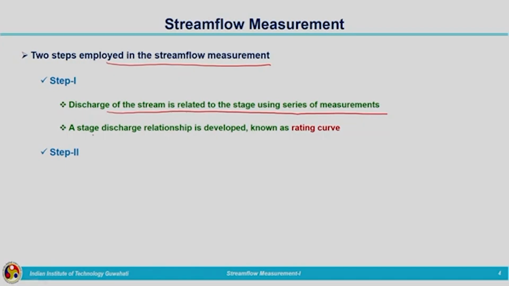After that, a stage discharge relationship is developed, which is the well-known rating curve. This rating curve is very important. How is this rating curve formed? We will be plotting the data corresponding to water level and the corresponding discharge. So, for a particular gauging station, we will be measuring the stage or the water level, and the corresponding discharge will be calculated and plotted in a graph.